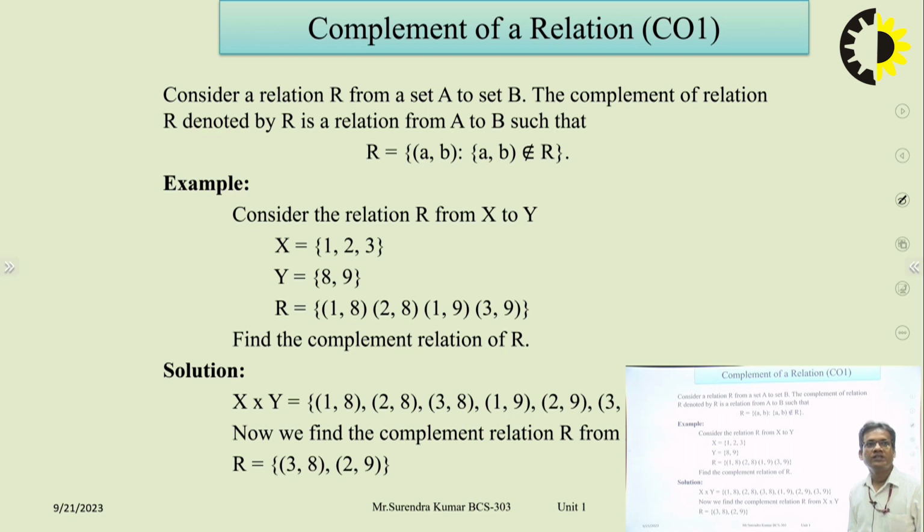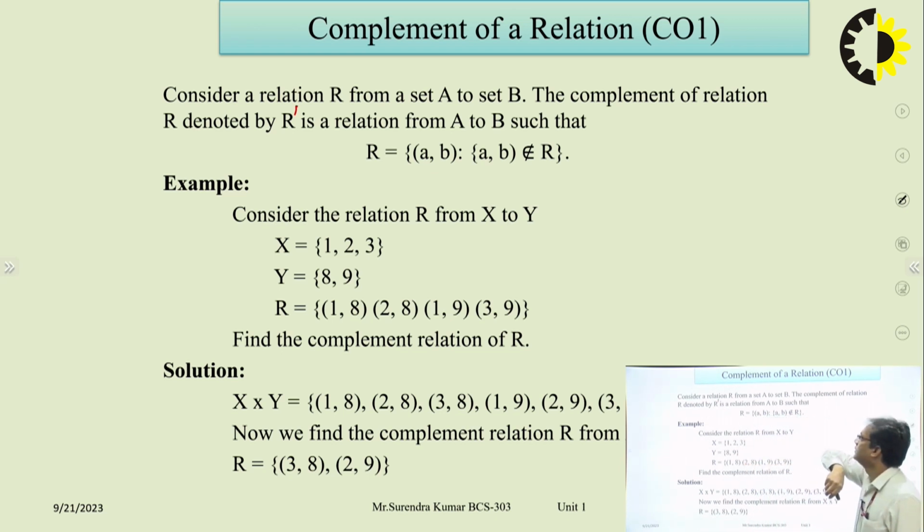Now, what is the complement of a relation? You are aware that a complement is just the reverse, or you can say what is not present in a set, so that is the complement of a relation. How can you find the complement of a relation here? Consider a relation R from a set A to B. The complement of the relation is denoted by R dash.